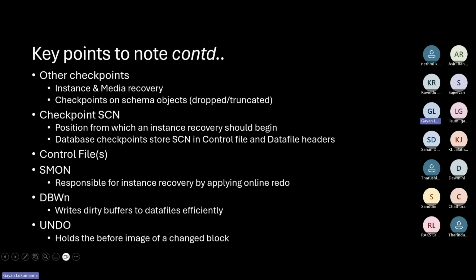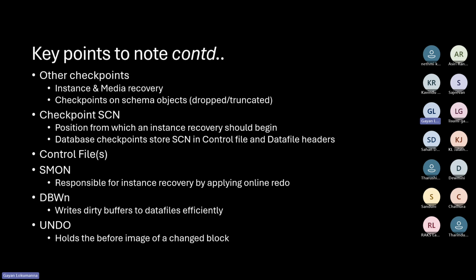Then we also need to know about the checkpoint SCN. SCN is the system change number. It's actually a counter in the database that gets incremented every second, right? You can query your database with current_scn from v$database and see the current SCN.